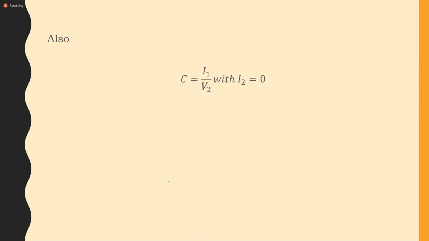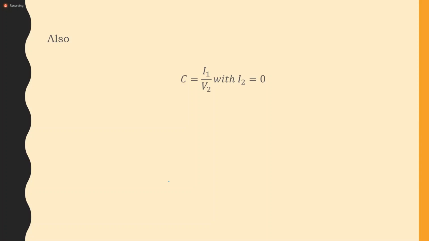Based on I1, how would you determine the voltage across the 20 ohm resistor? First of all, what would you need to calculate?